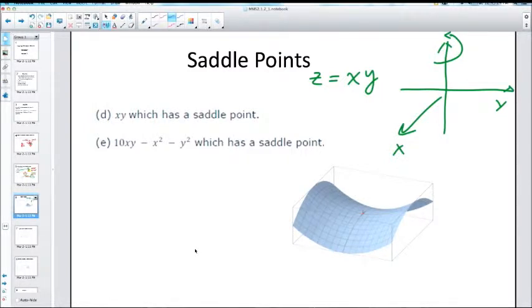You're going to find that z equals x squared minus y squared, or z equals 2xy, differ only by a rotation. They represent the same surface under different coordinate rotation.